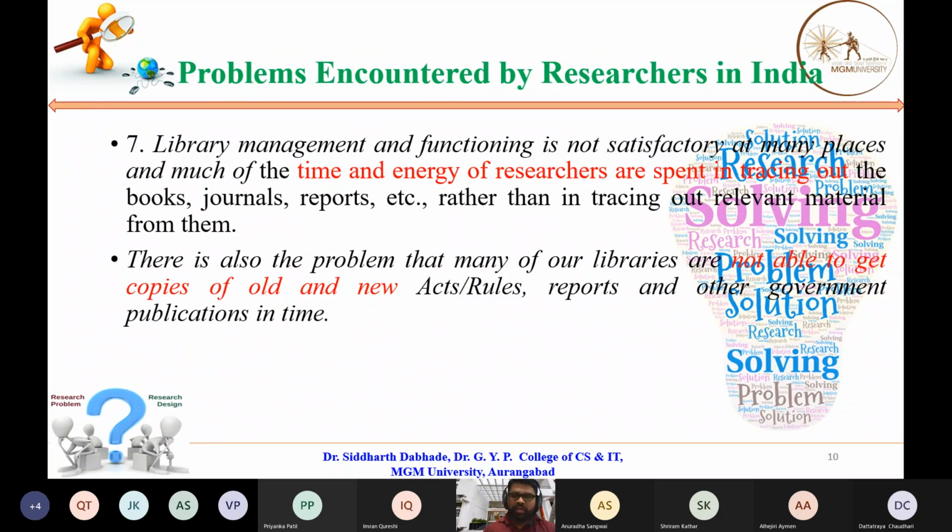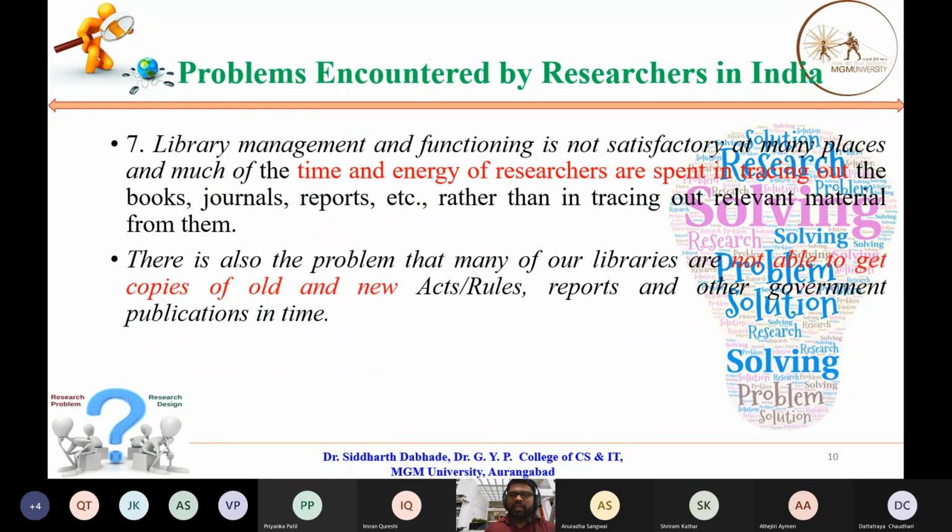They are not able to get that in the specific time. Because of these library management issues, they face many problems. They spend so much energy, time and money to trace their research-related articles and materials, or to refer to books, journals and reports from different resources.